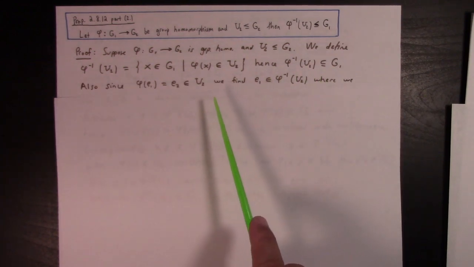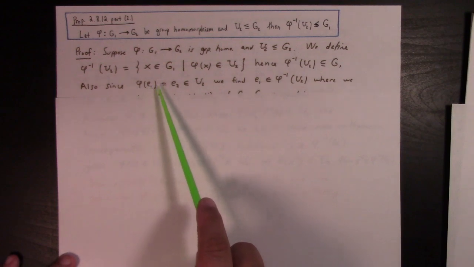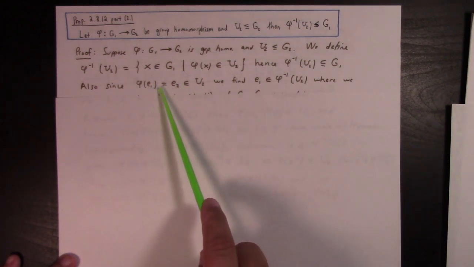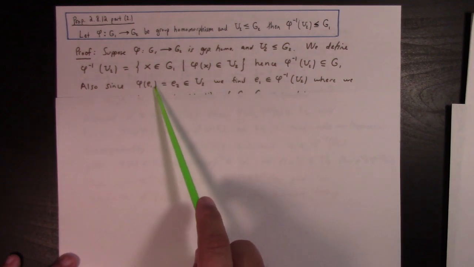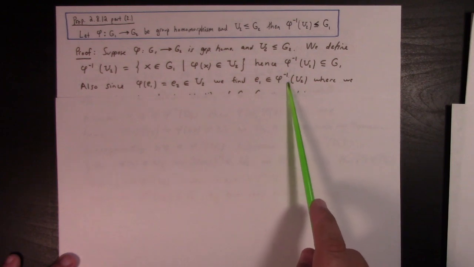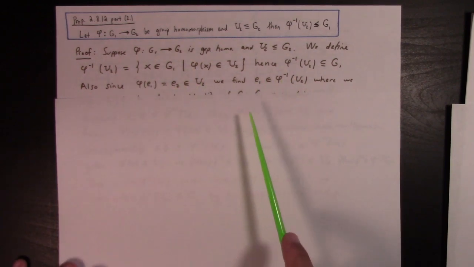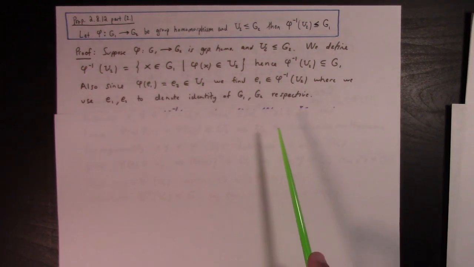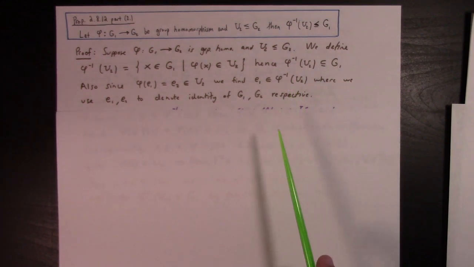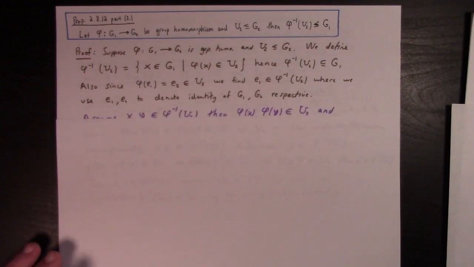And again, looking at the identity maps to the identity, that means that the identity E1 is an element of the inverse image under phi of U2 because E2 is in U2. So that means that the inverse image is non-empty, right? And it's a subset. So a non-empty subset, we can apply the subgroup test.